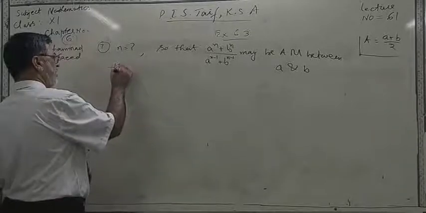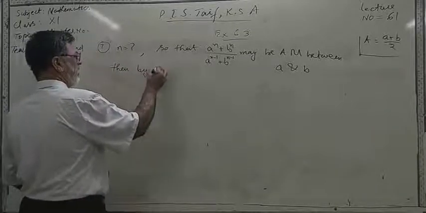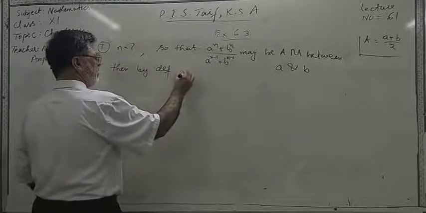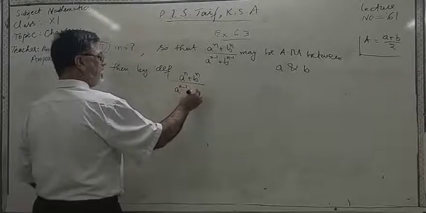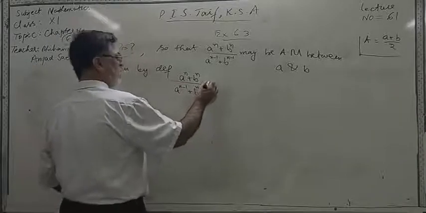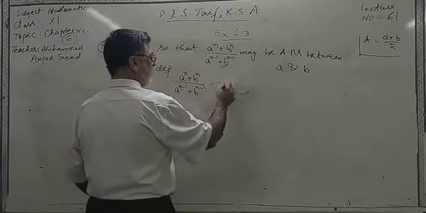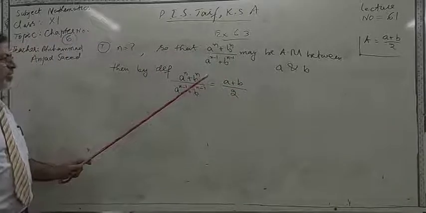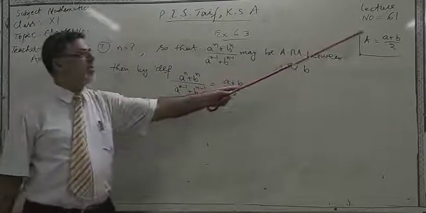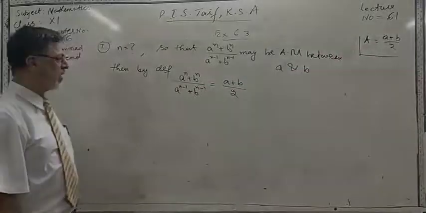Then, by definition, (a^n + b^n)/(a^(n-1) + b^(n-1)) is equal to (a + b)/2. This is the arithmetic mean between a and b. This is the formula.